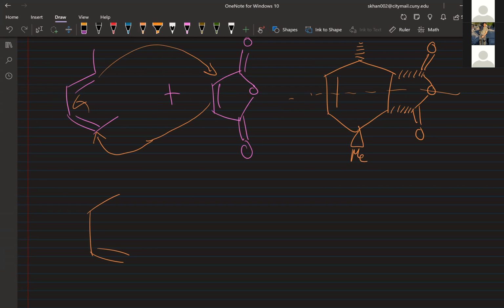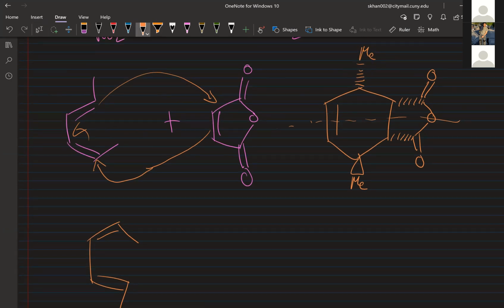Oh, sorry, it was arranged like this, right? So that would still be the same product, right? You wouldn't be able to differentiate between each of those, because it's a symmetrical object. So you can't really tell me on a molecule which methyl is which, right?